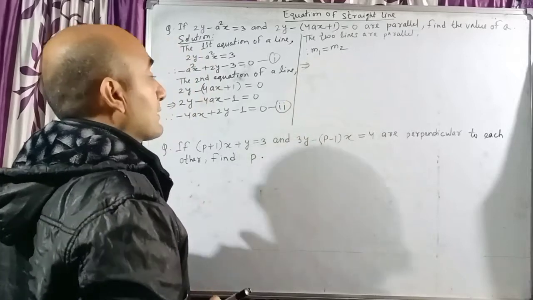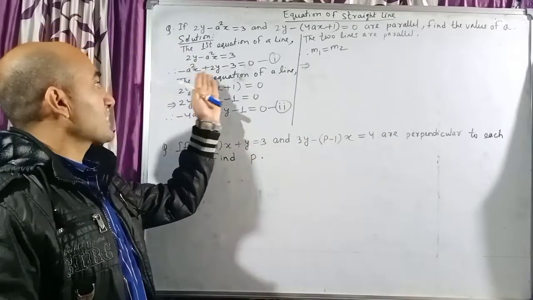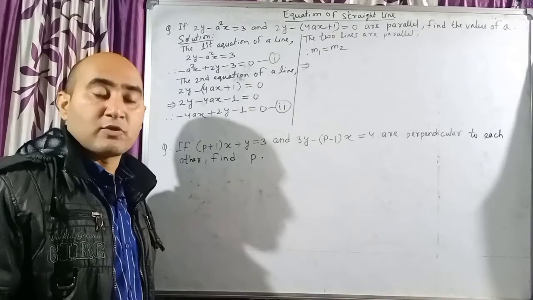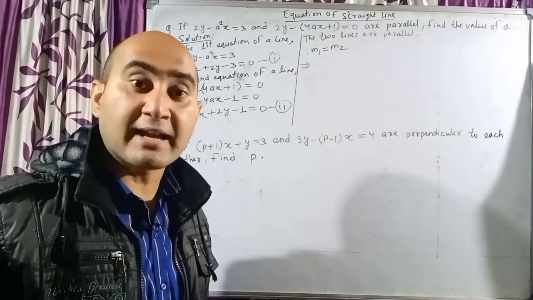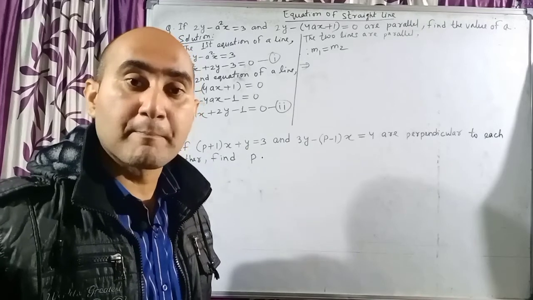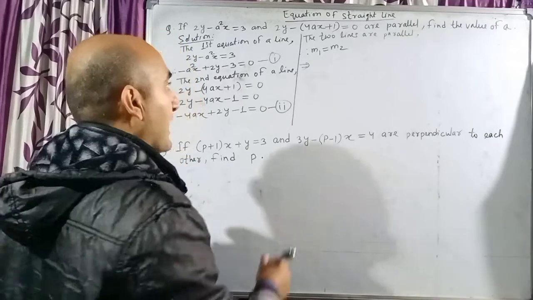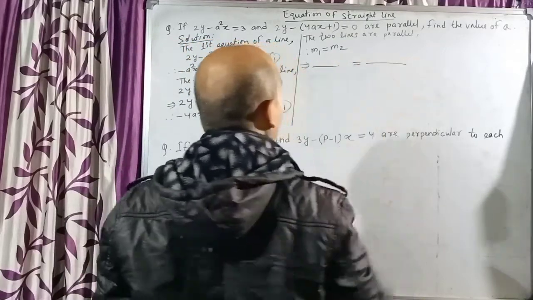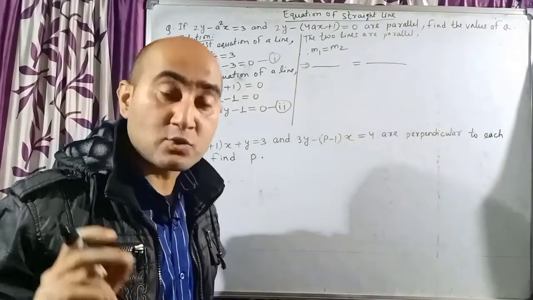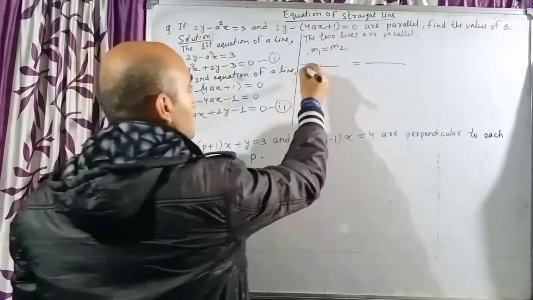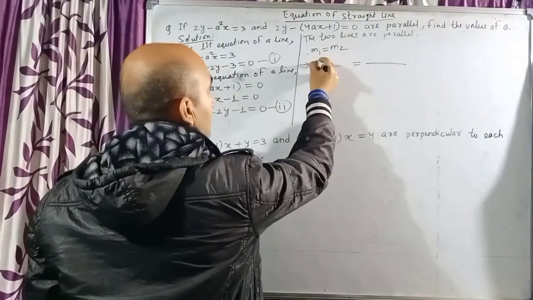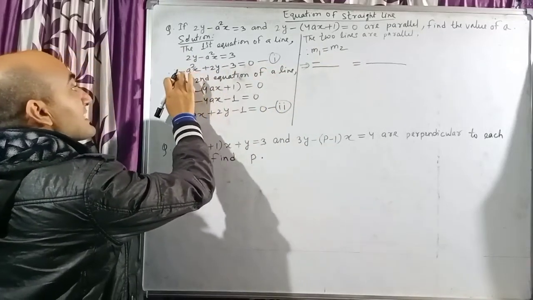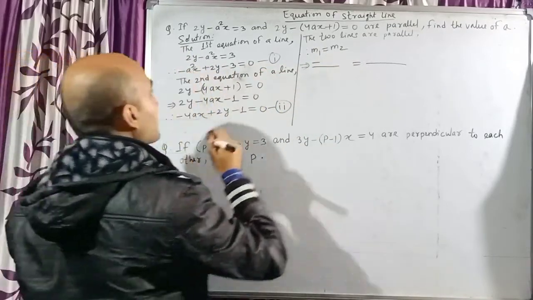So when the equation of a straight line is given, you all know the formula. The formula for finding slope is minus coefficient of x by coefficient of y. I am not writing the formula directly, I am going to put the values, that is minus coefficient of x. First you write minus, and check in the first equation the coefficient of x is minus a square.